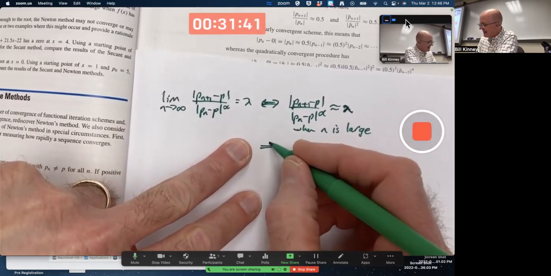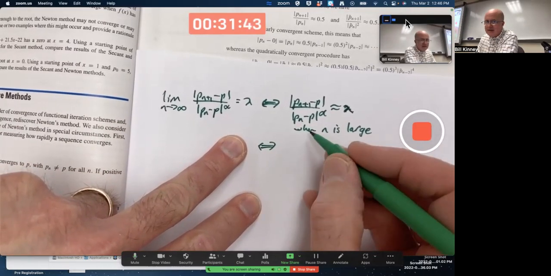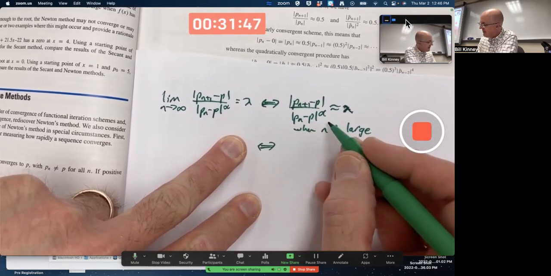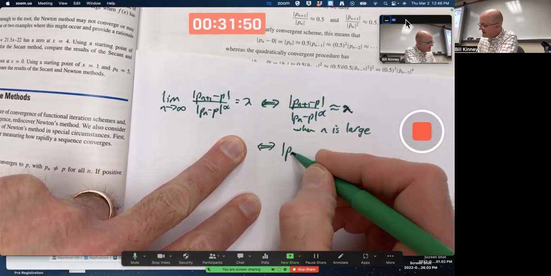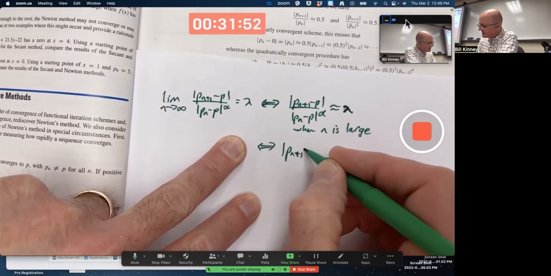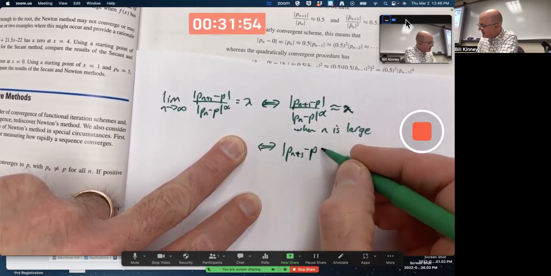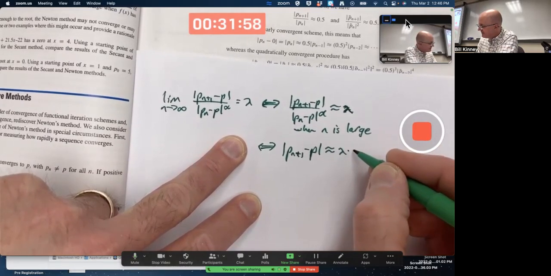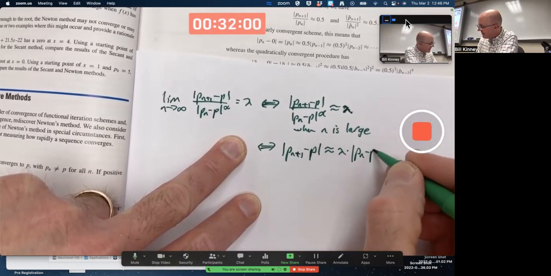Another way to say that, if I multiply both sides of this approximate equation by the absolute value of Pn minus P to the alpha power, is that the distance between Pn plus 1 and P is approximately lambda times the distance between Pn and P to the alpha power.